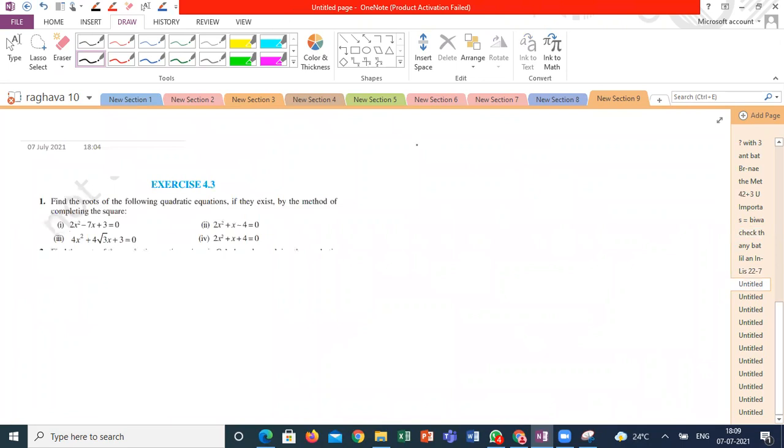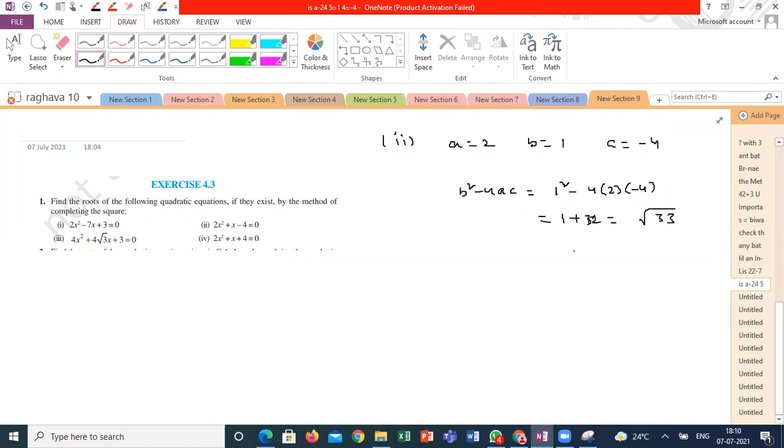Second question: a is equal to 2, b is equal to 1, c is equal to minus 4. b square minus 4ac, 1 square minus 4 into 2 into minus 4. Yes, it's existing. 32, so delta is 33, the answer is root 33. The roots are existing. Solve using the formula.